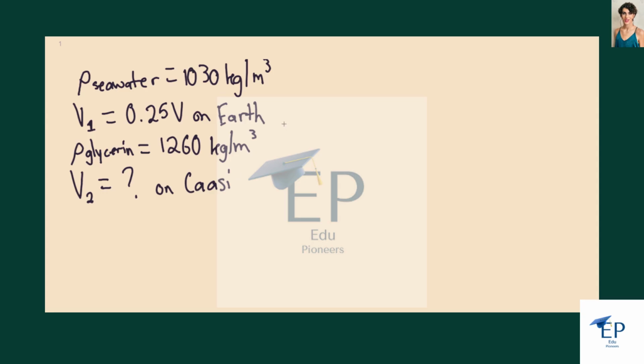So first we need to recognize that on Earth, in order for this to float, the buoyant force must equal the force of gravity of this apparatus. So here, the buoyant force can be further defined as the density of the seawater times the volume that is submerged of the apparatus times the acceleration due to gravity on Earth equals the mass of this apparatus times the acceleration of gravity due to the Earth.